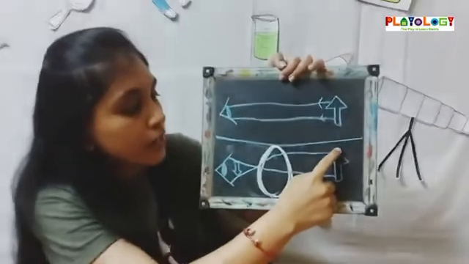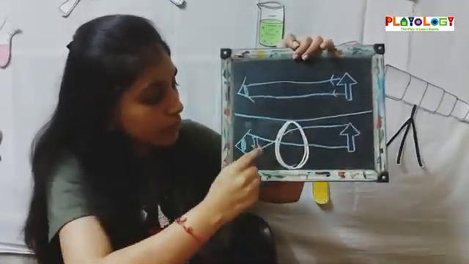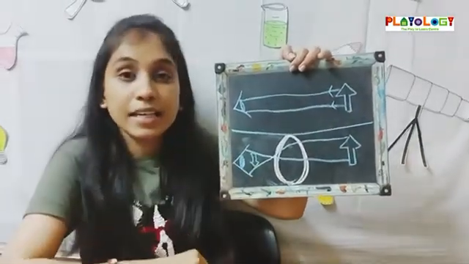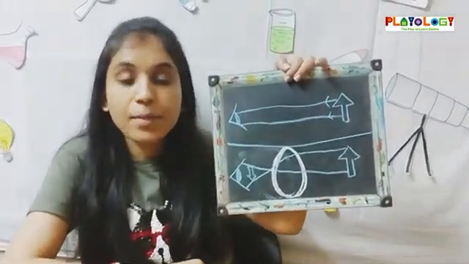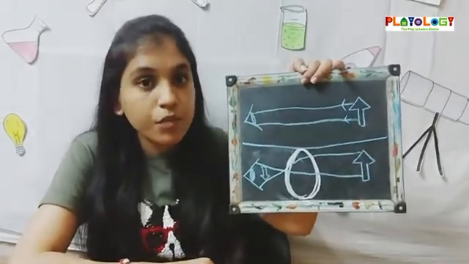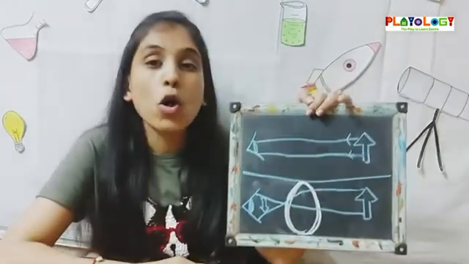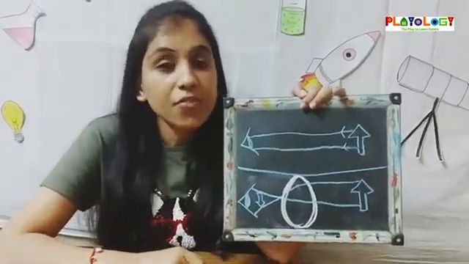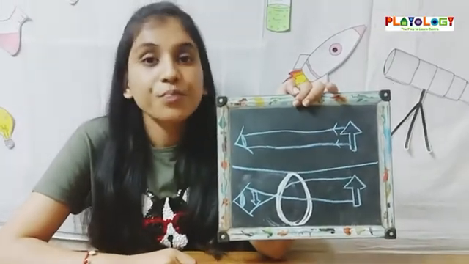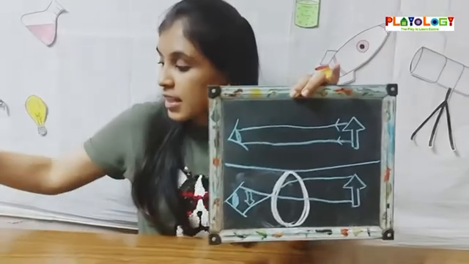When it is pointing upward, but passes through two mediums, the arrow is pointing downward, which has happened in the case of water, which we just saw. So this is all because of refraction of light.